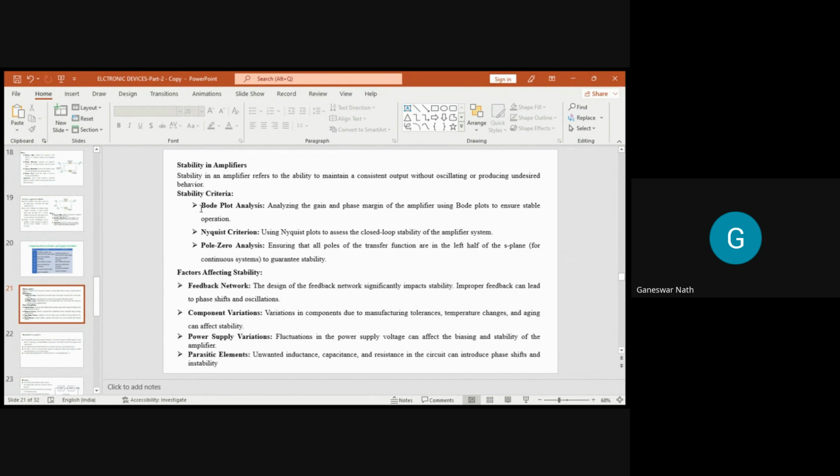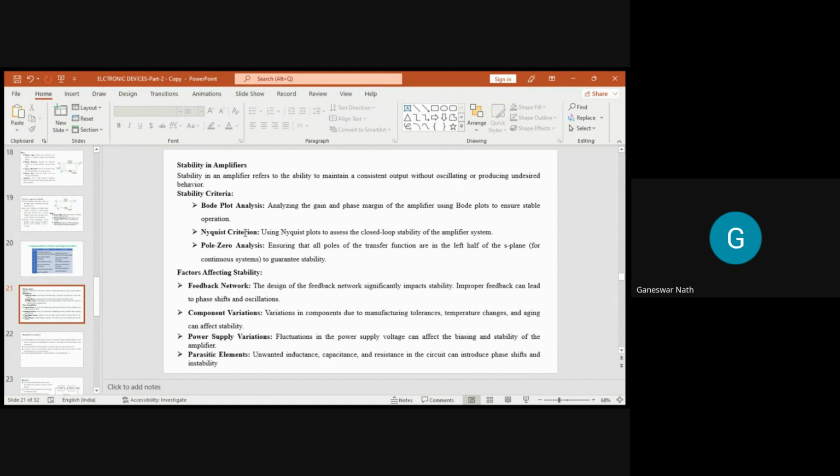So what is the condition or criteria for stability? First is Bode plot analysis, which analyzes the gain and the phase margin of the amplifier using a Bode plot to ensure stable operation. Similarly, the Nyquist criterion is sometimes used to assess the closed loop stability of the amplifier system, and pole zero analysis is also used. These are some conditions used for stability analysis.